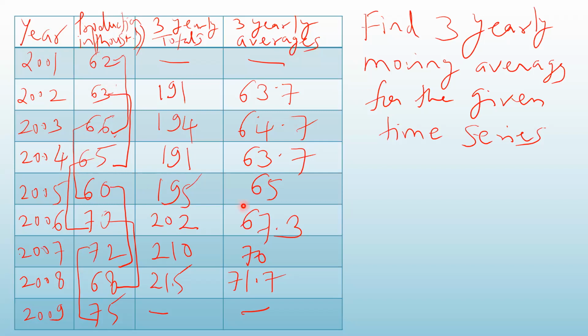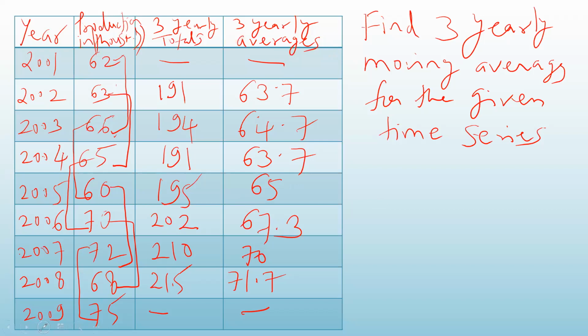Now these values you can plot on the graph paper. Okay, so let us see how, from the graph, you can see the trend, the original time series and the estimated or trend values. So let us see how we do that. I don't have the graph paper, so I'm just going to roughly show you.